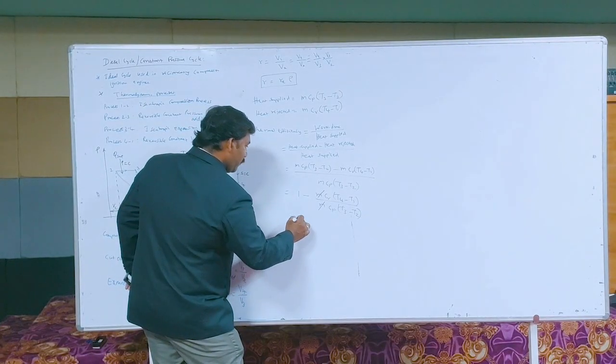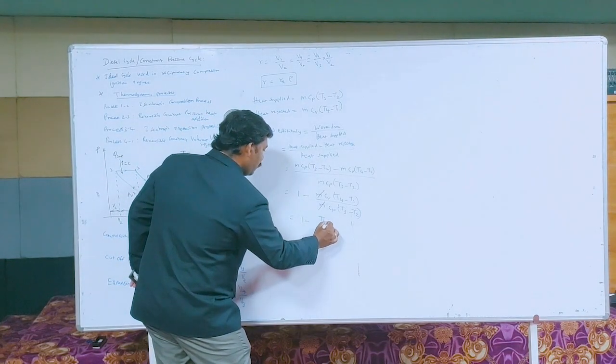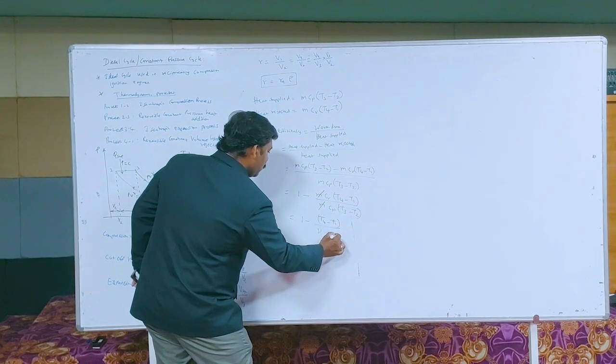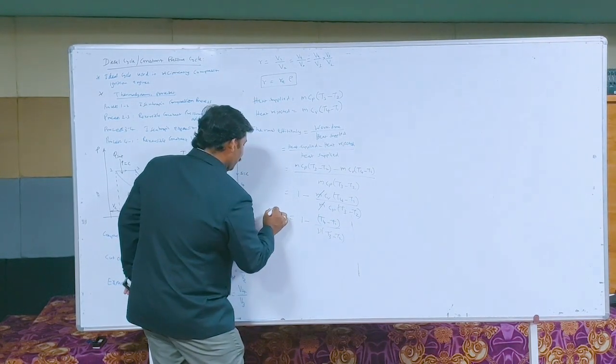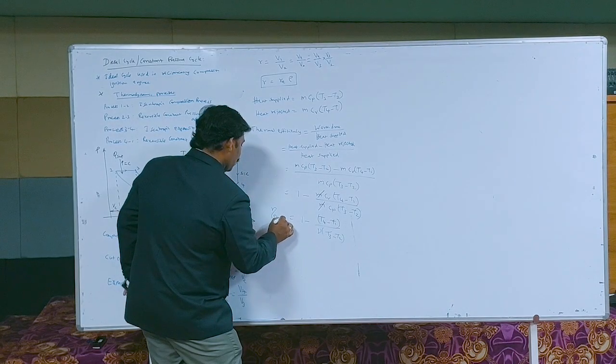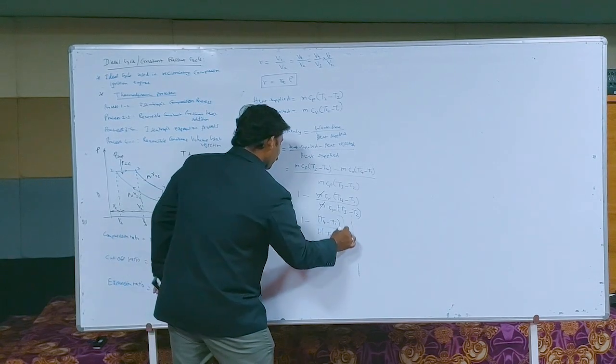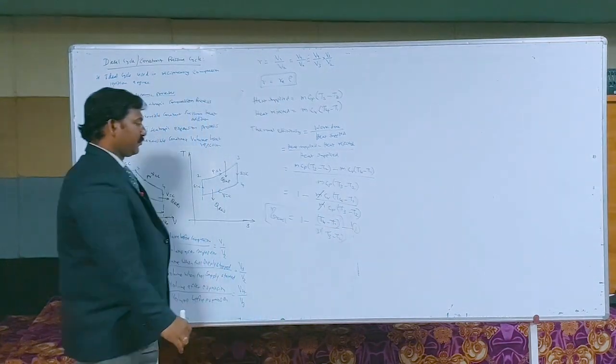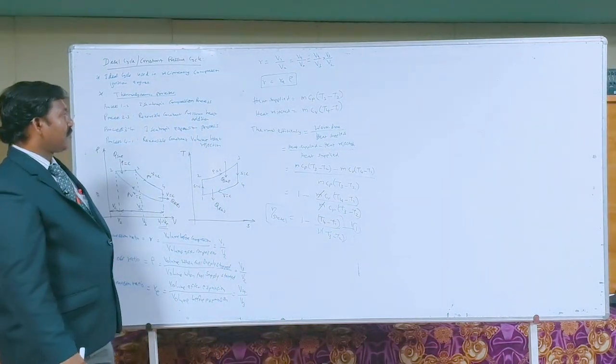So, I can write 1 minus T4 minus T1 divided by gamma into T3 minus T2. We can name this equation 1.